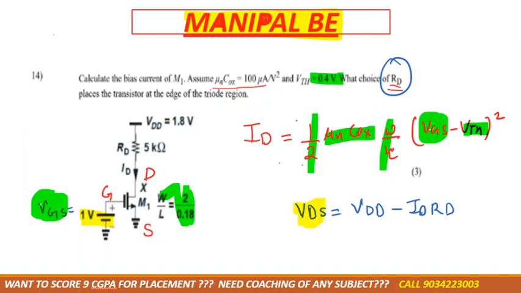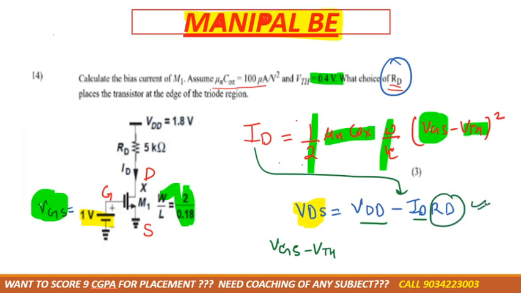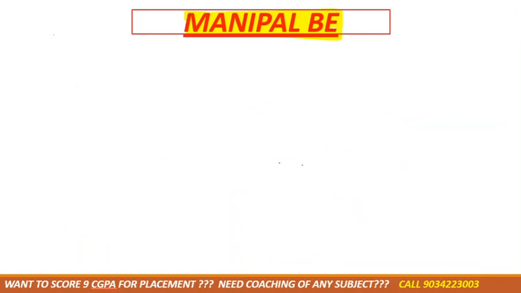VDS value is how much? That is VGS minus VTH. That value we know, VDD value we know, ID we have calculated from the first case, so RD value we can get. So you will not get any question related to the MOSFET beyond this. Okay. Now the MOSFET numerical formulas are completed.